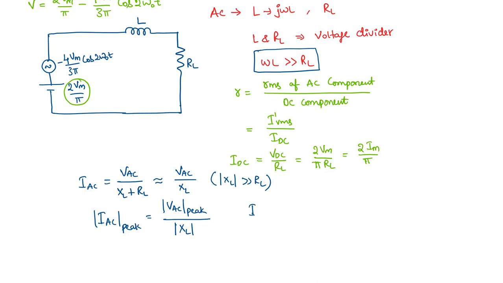So we can write that I dash RMS is equal to IAC peak over square root 2, because this is a full sinusoid with both positive and negative parts, so the RMS value is the peak value divided by square root 2.